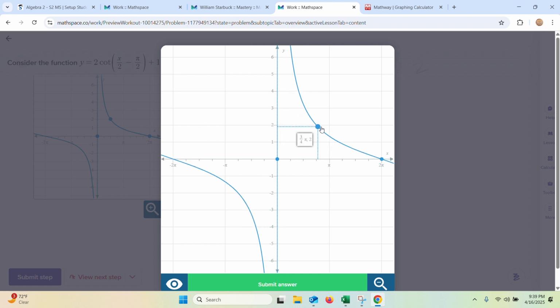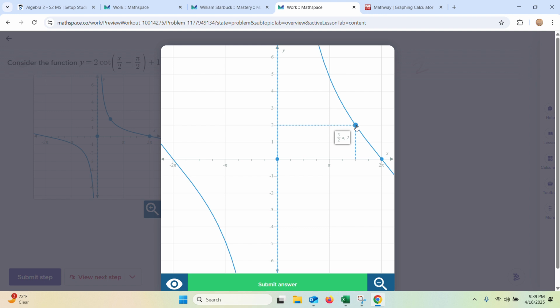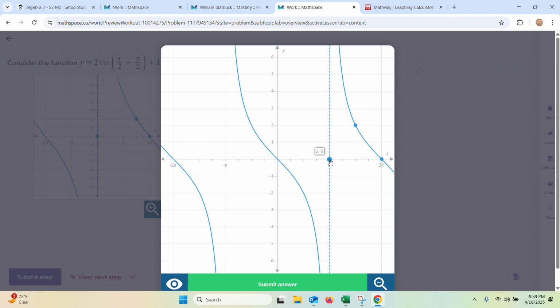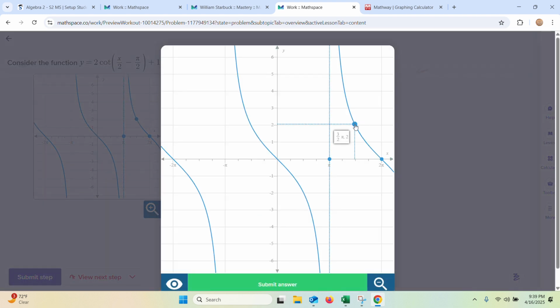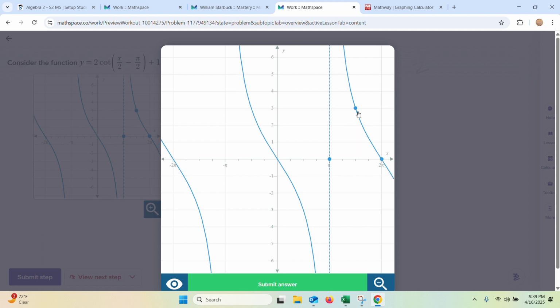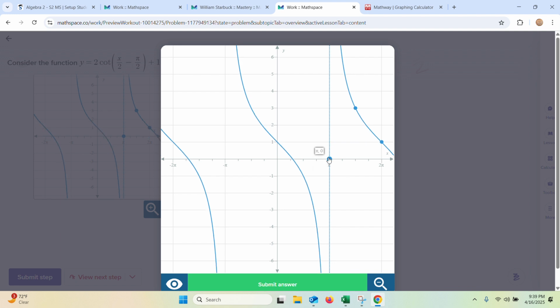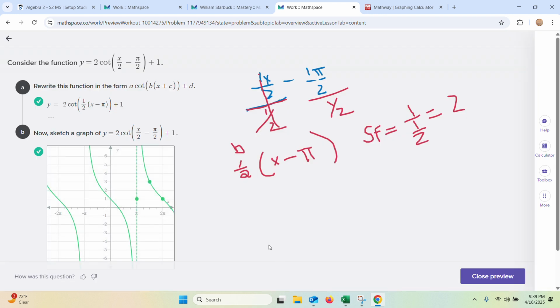It's the same number of tick marks too: 1, 2, 3, 4. Then we move this guy over here. So we shifted everything by pi units to the right. That takes care of everything. Now we shift everything up 1. So this goes up 1, this goes up 1, this goes up 1. Submit the answer. Yay.